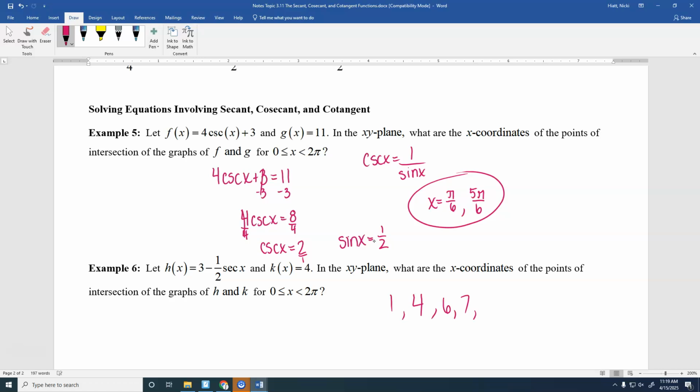It's got a little extra stretch. And then let's do 8 and 9. So not quite everything. 1, 4, 6, 7, 8, and 9.